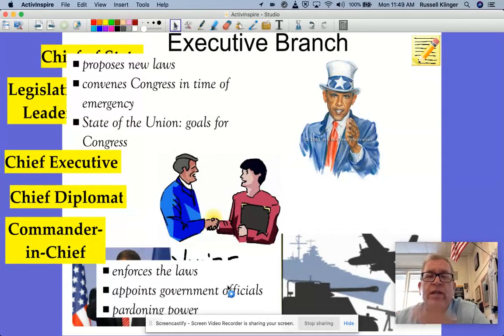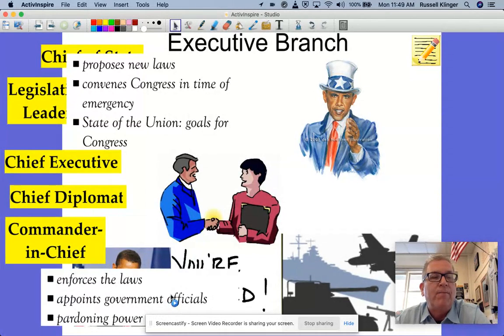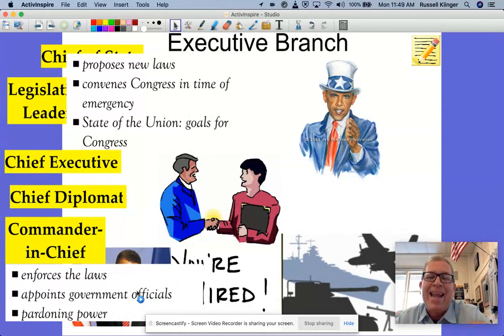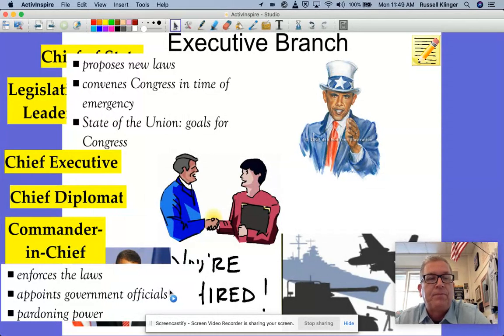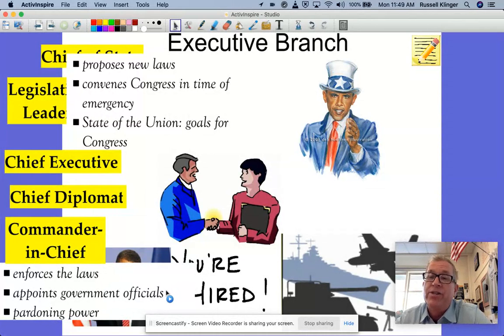They also have a really unique power called the pardoning power, where they can essentially say to a person who's been convicted of a crime that you're free and the punishment is no longer valid. It's one of the unique powers of a president that they use generally at the end of their presidencies. By the way, governors have that same power within their states.